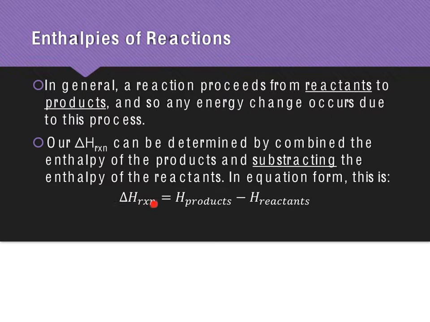Basically, our reaction is our products minus our reactants. Now, you will notice there's no delta H here. That is because we are actually adding up a special type of enthalpy. We will see that shortly. All you really need to remember right now is delta H refers to products minus reactants. Please keep that in your mind.